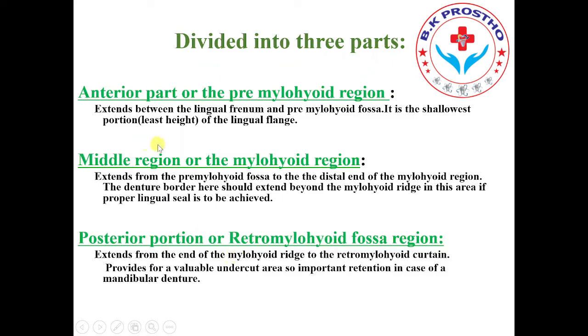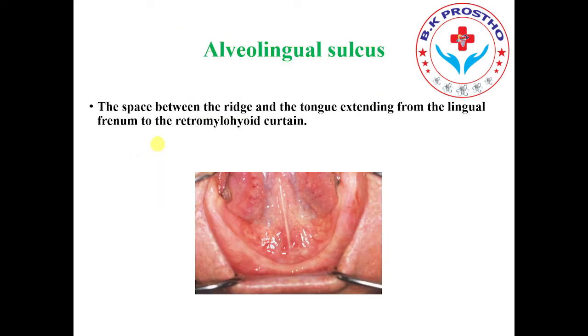The anterior part, from the lingual frenum to the premylohyoid fossa, is the shallowest portion of the lingual flange, especially in the area of the premolars. The middle part should be extended behind the mylohyoid ridge in order to make the perfect peripheral seal.